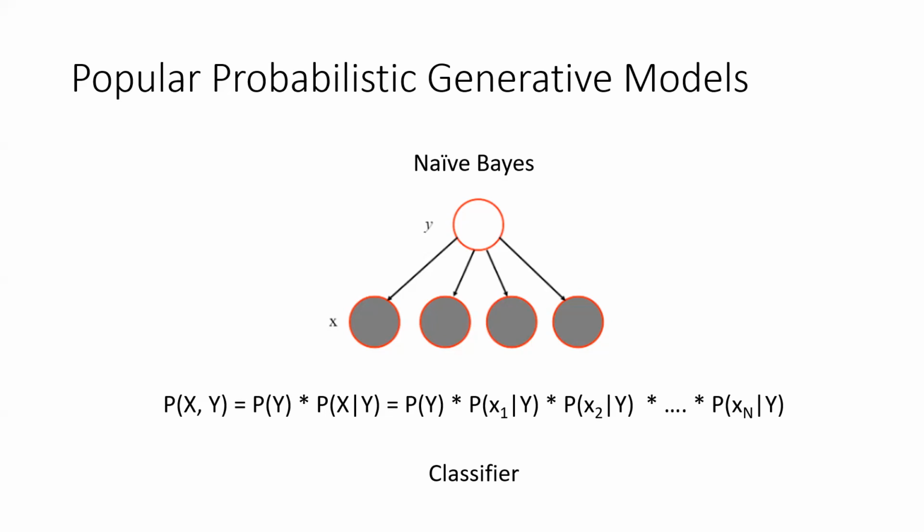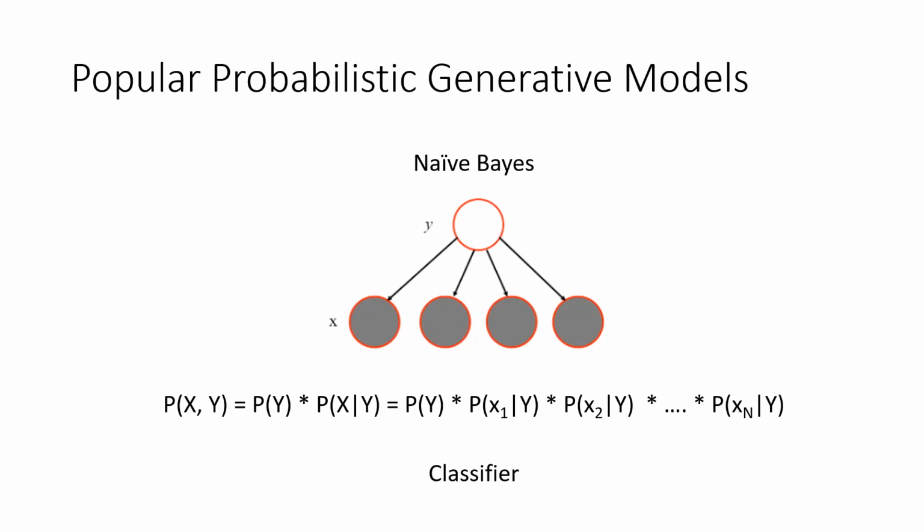Now, in practice, we compute these probabilities empirically, as we'll see in the example. We count how many times we've seen each class, which gives the probability of Y. Then for X, if we have two values, we compute how many times we've seen one value of X and how many times we've seen the other value, and compute the probability distribution from that.